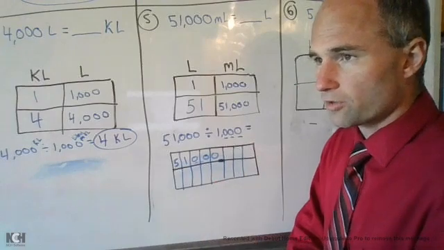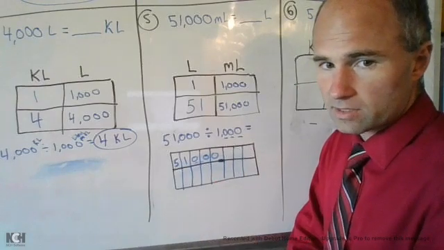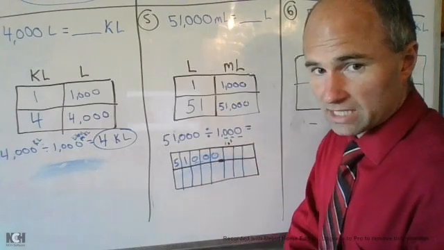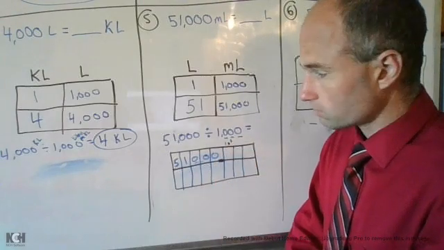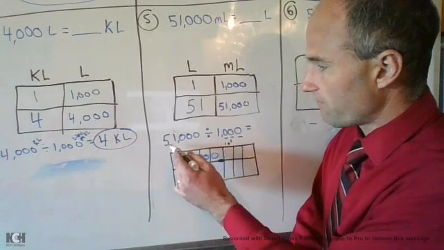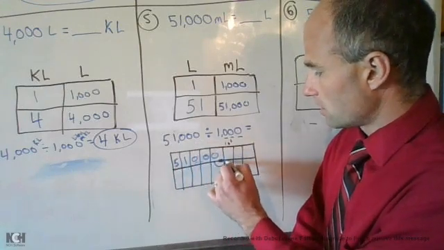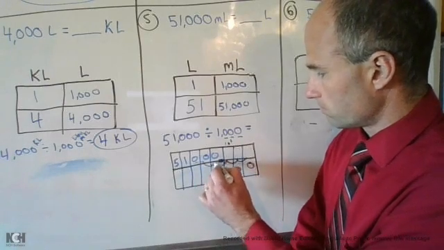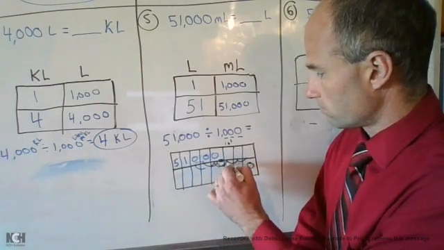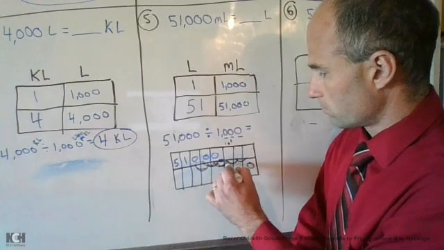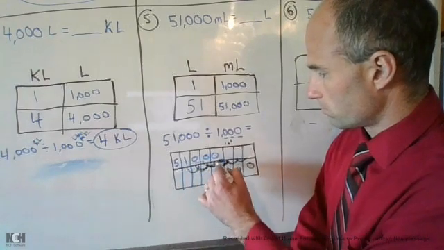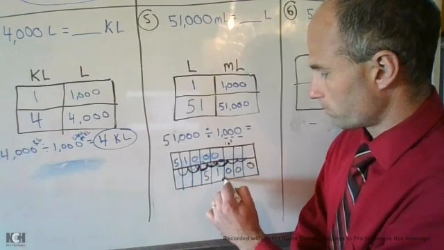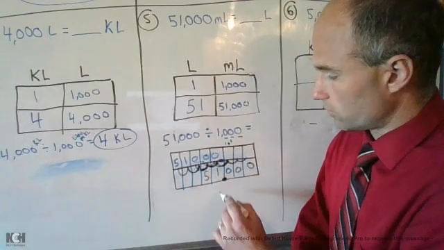It's also known as what power? 10 to the third power. So I'm shifting 3 times. So therefore, if I have 51,000, I'm going to shift 3 times, which gives you the answer of 51.